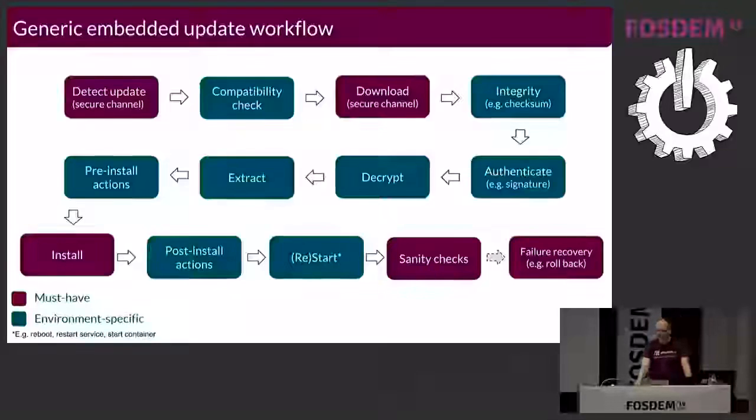TLS, just download the data blob. And then a number of checks from there. Integrity check with checksum. This is, of course, to detect just download failures and that kind of thing. Authentication, obviously, this gives you a little bit greater guarantees, and this also decouples your infrastructure from your actual development system.